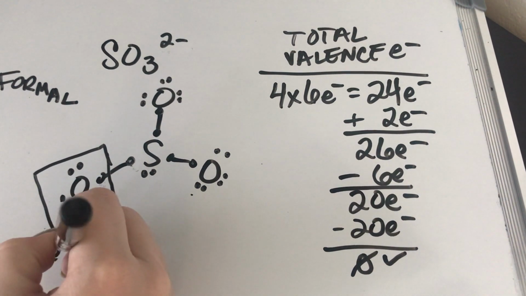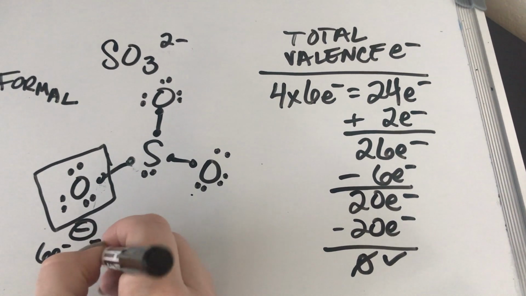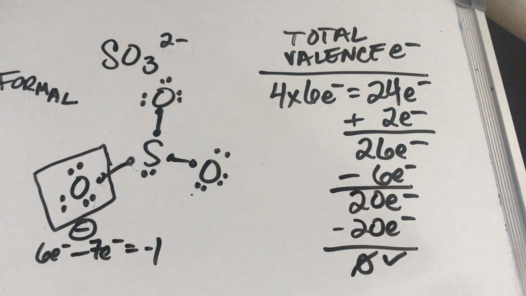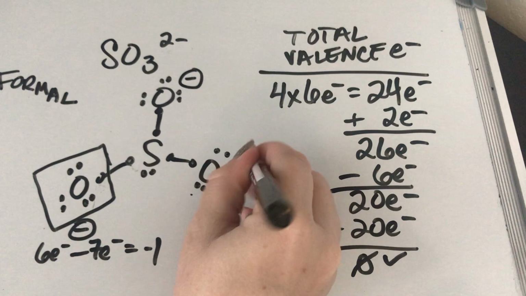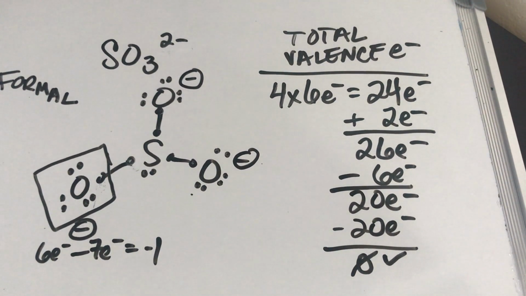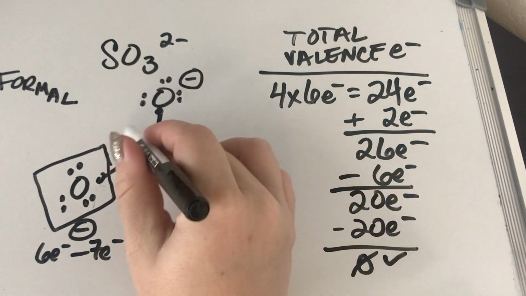We know that oxygen came to the table with 6 electrons, and it has 7 electrons here for a total of a -1. All of these oxygens have the same configuration of electrons, so all of them have negative charges. You still with me? Yes. Cool.